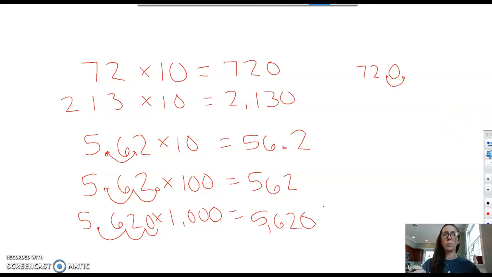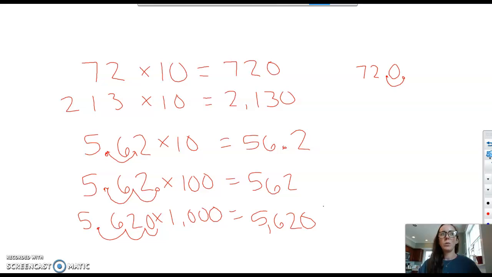Okay, so keeping all of that in mind, when we're multiplying by 10, 100, and 1000, the numbers are growing larger, and we're shifting the digits and the decimal point one place when I multiply by 10, two places when I multiply by 100, and three places when I multiply by 1000.